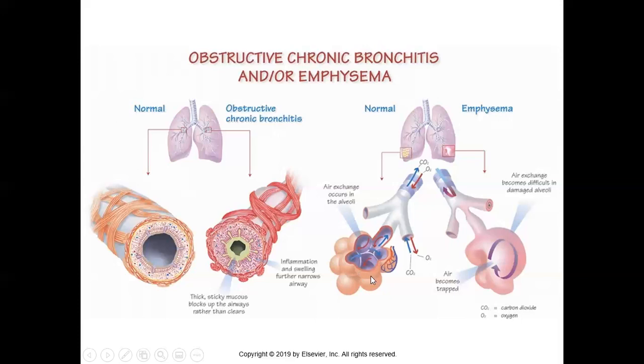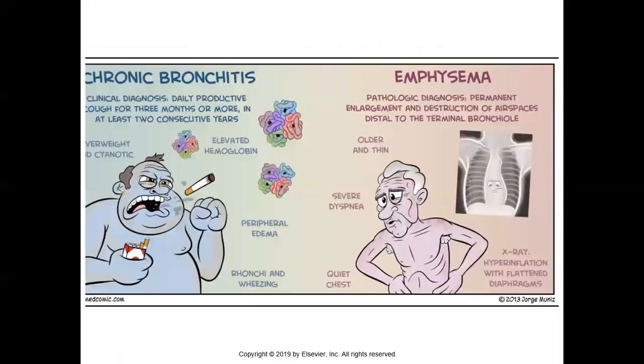So in the alveoli, air goes in and air comes out. But here, once air goes inside, this air will not come back. As I told you, the underlying cause of COPD is chronic bronchitis or emphysema.